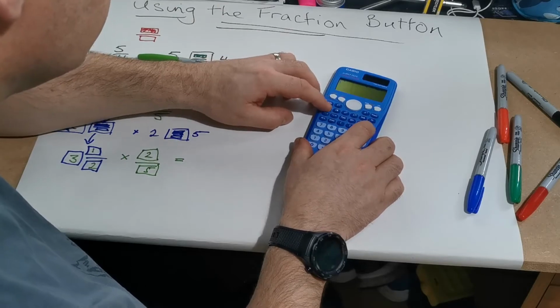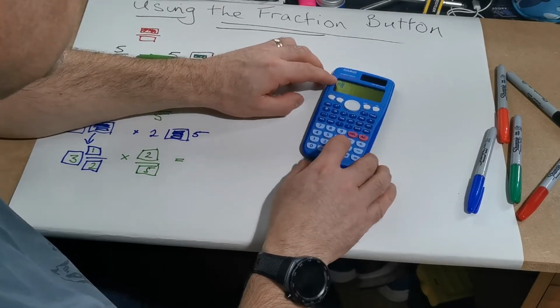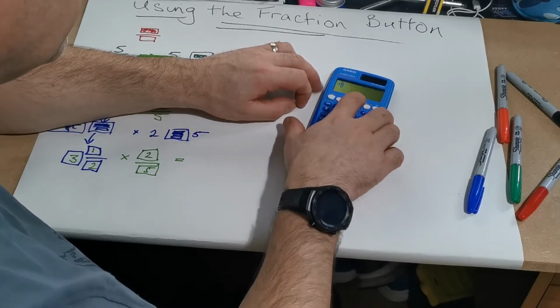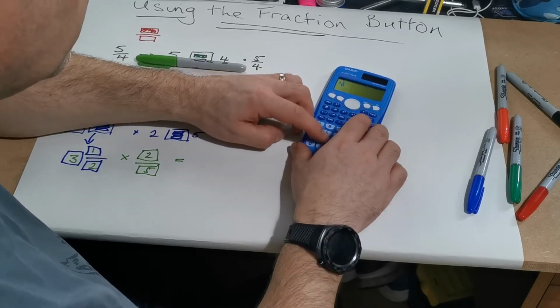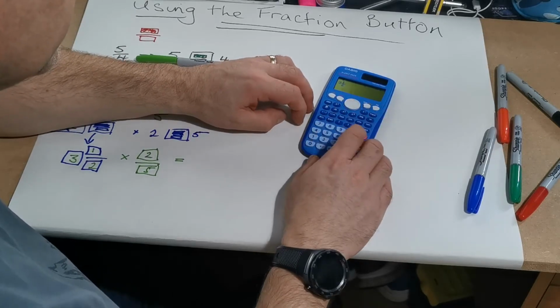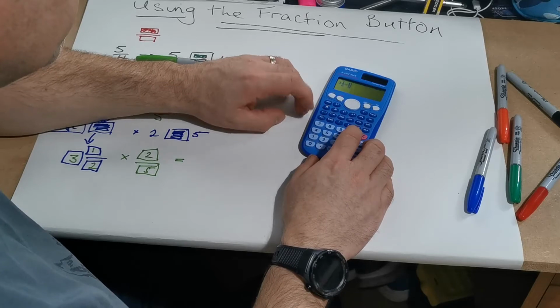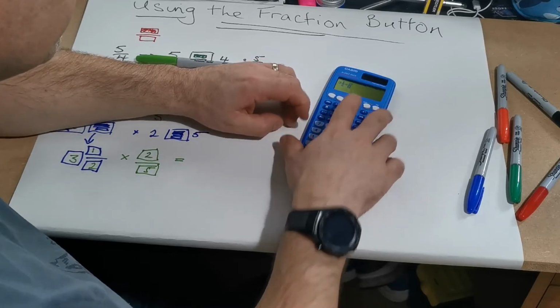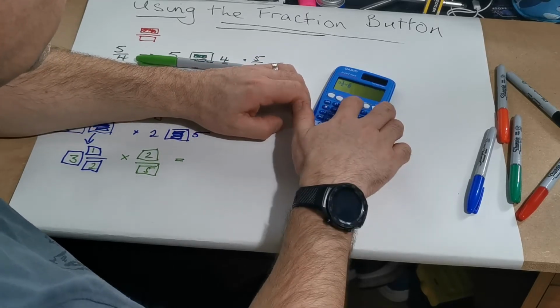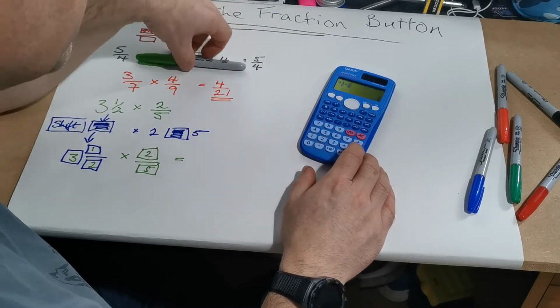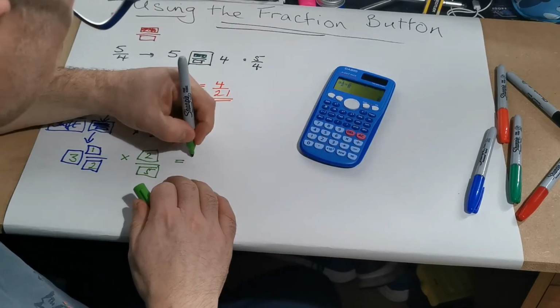Shift and that to get the mixed number symbol, 3 and 1/2, come out of there and times fraction button again, 2 over 5, out of there again, equals 7 over 5.